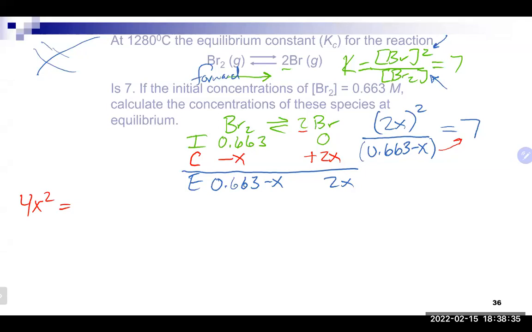No, I'm just kidding. That's wrong. That's right. 0.663 times 7. That gives me 4.641 minus 7x. So again, all I did was square the top and multiply the bottom to the other side. Yes, sir. Because of this, and because of the expression, and mostly because of the coefficient. Yeah. Other questions on that?